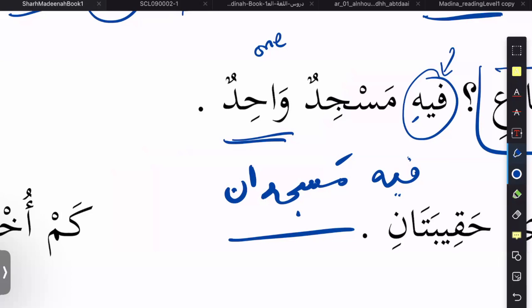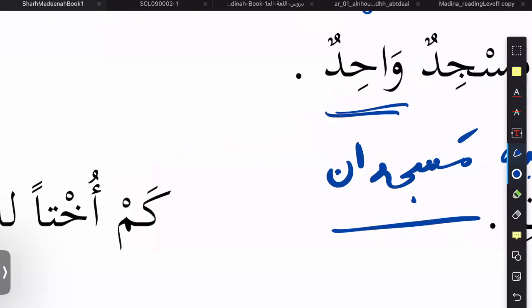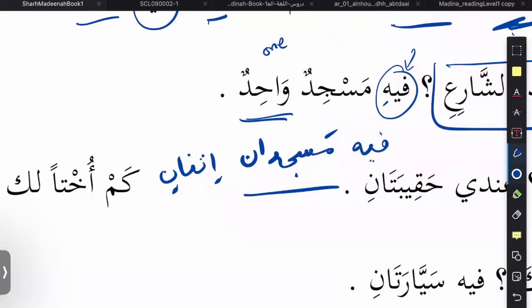But in a rare case, if you really want to emphasize, you can also bring the number two. You say ithnani. You say fihi masjidani ithnani. So now you're being very precise that there are only two masjids in this street. So here, this will come as emphasis. This is more common than this one.